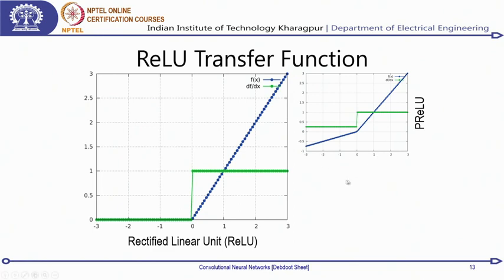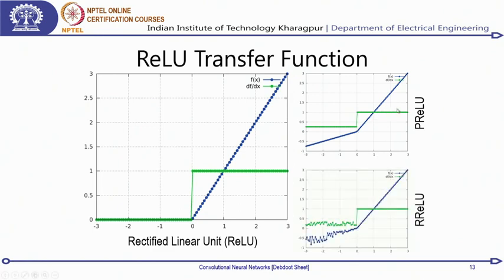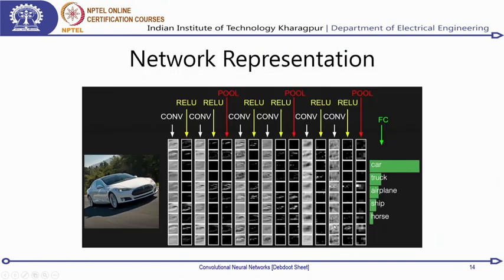Other variants are the probabilistic ReLU and the randomized ReLU. These have some slope in the negative part as well, but the derivative stays very close to 0, and here you put in some randomization so that it does not have a local lock-in, and accordingly the derivative also varies slightly.